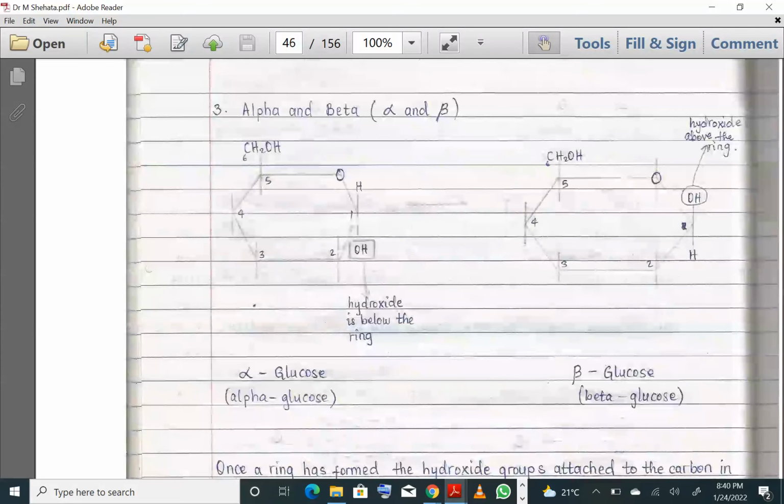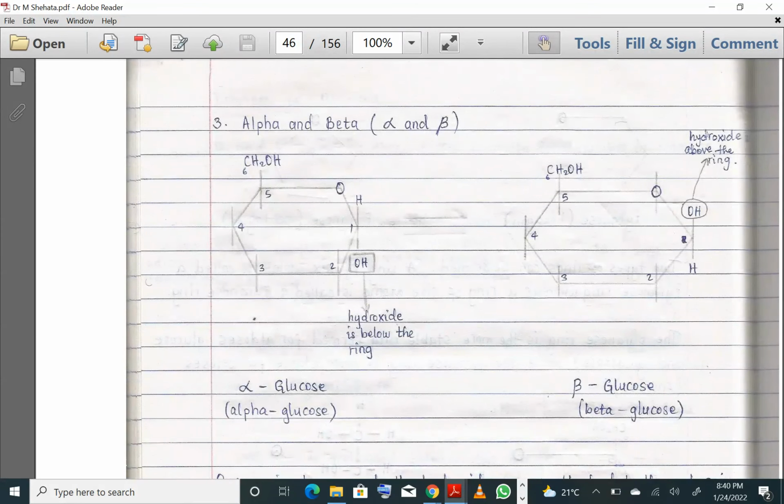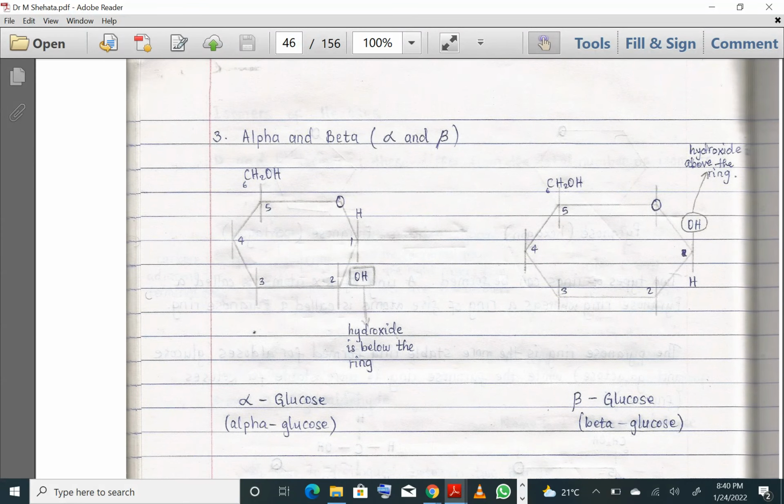Okay, so now we can talk about alpha and beta glucose. This is very, very important, because when we talk about polysaccharides, the only thing that makes cellulose different from starch is that starch has alpha glucose, whereas cellulose has beta glucose.